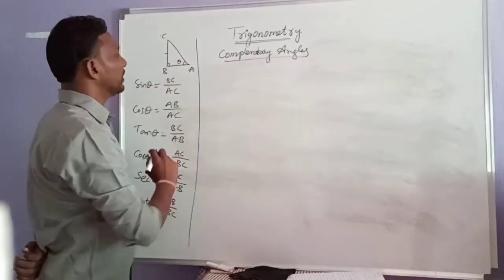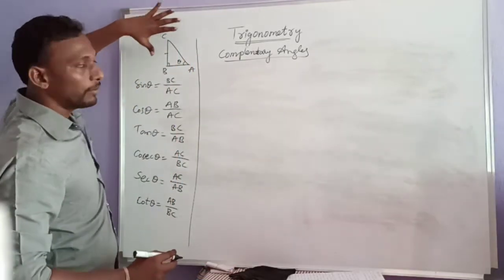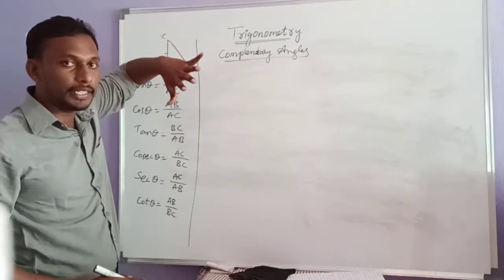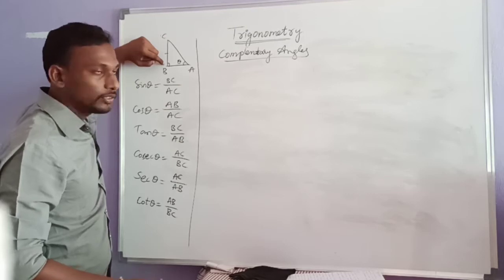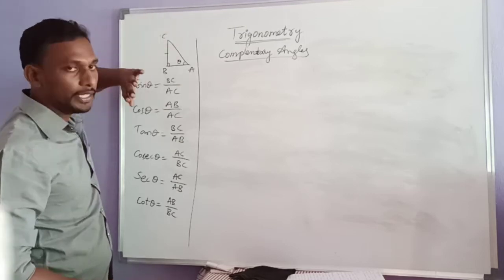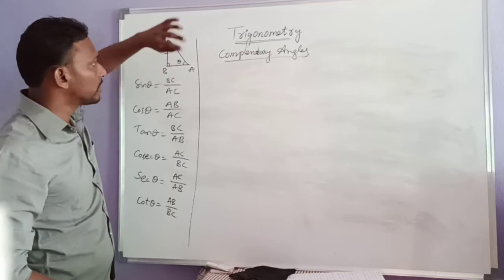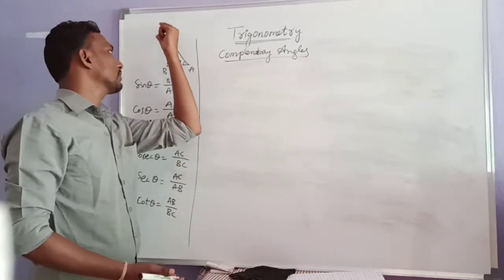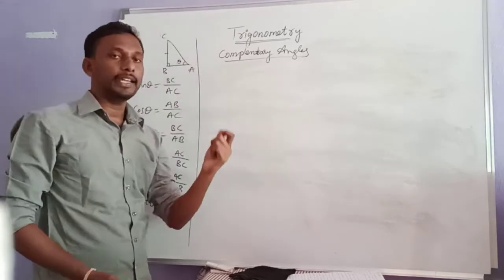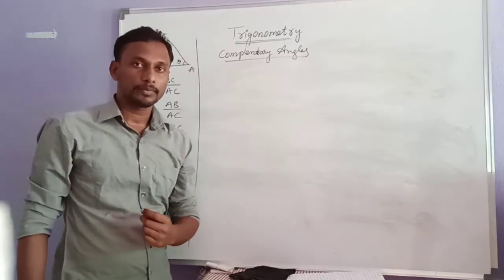So in this triangle, the sum of the angles of a triangle is 180, we know that. One of the angles, at B, is 90, so the sum of the remaining two angles should be 90 only. So we can consider these two angles, C and A, as complementary angles, right?